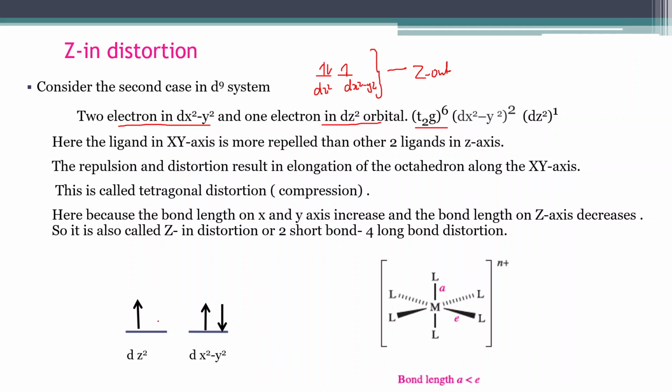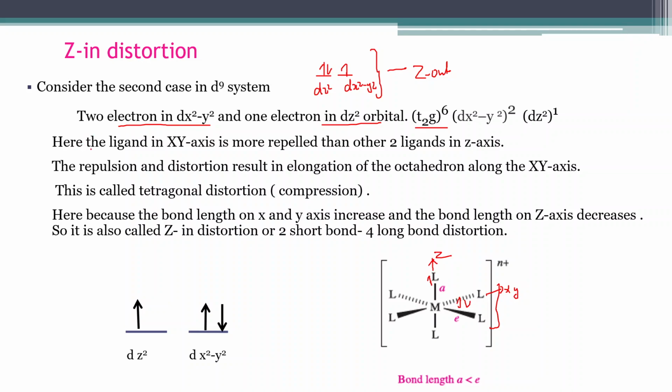And as we can see, because of the 2 electrons present in the xy plane, the xy plane will have more repulsion than the z axis. So the 4 ligands in the xy plane will have longer bonds than the ligands on the z-axis.